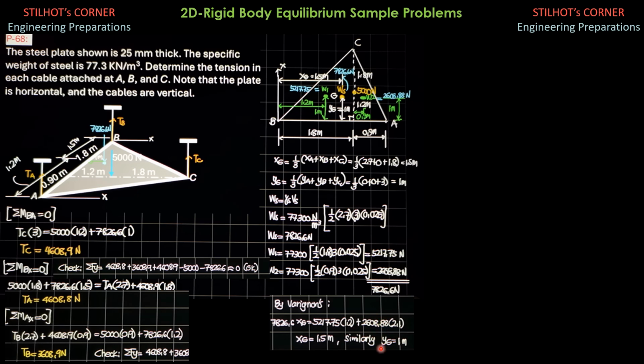So definitely yg is 1 meter if you substitute. So having found the location of each individual weight, I think you now agree that the location of the single weight of the plate is 1.5 meters horizontally from B and 1 meter vertically from B.